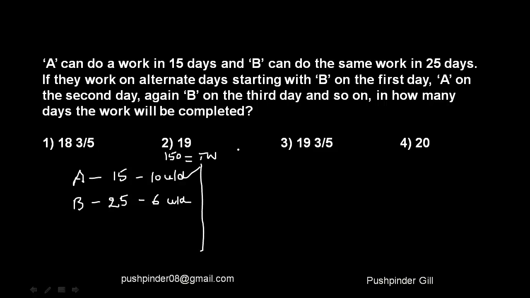Let's see. Now these are days and these are units. Fine. Now on the first day, B starts the work. That means B finishes 6 units. On the second day, A works, which means that A finishes 10 units, and this cycle is going to repeat itself again and again.